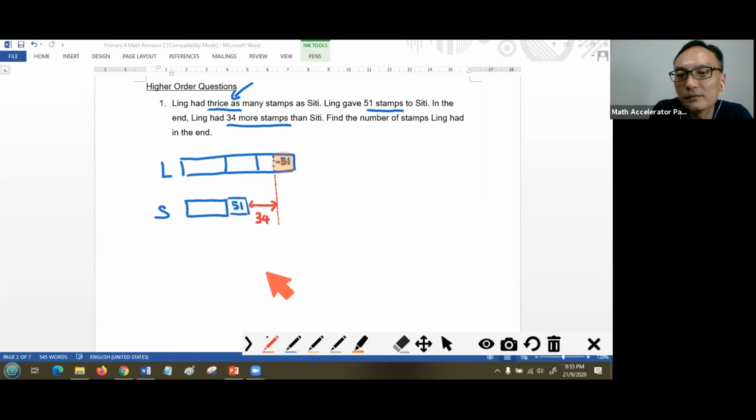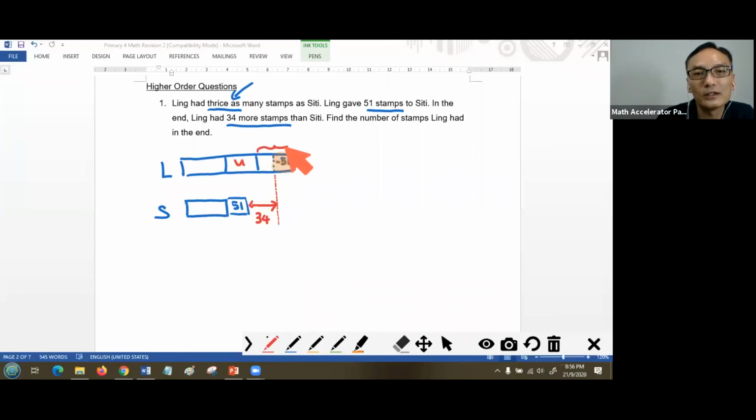Oh, Lloyd has some suggestion already. 85 is 2 units. Is that true? So this is 1 unit. Okay, let me illustrate again. This is 1 unit.